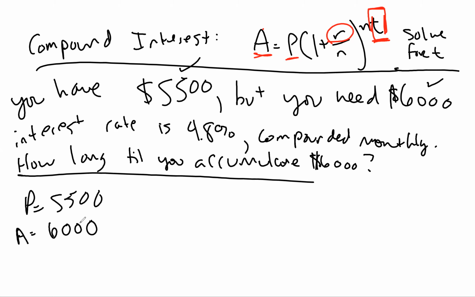Keep going. The interest rate is 4.8%. Which variable is that? Your rate. Some of you had problems with this on the homework that I commented back to you. You have to pick this decimal point up and scooch it over 2 places to the left. So it's going to be 0.048. You can also put it in your calculator as 4.8% and hit enter, and it'll give you 0.048.